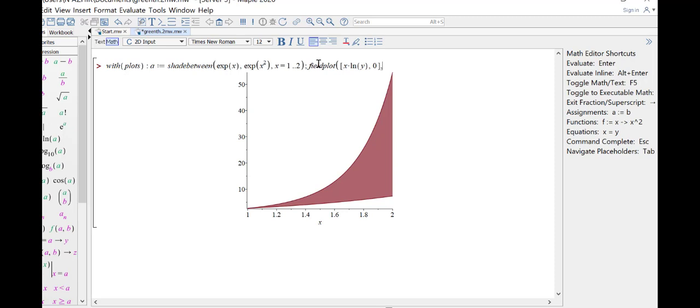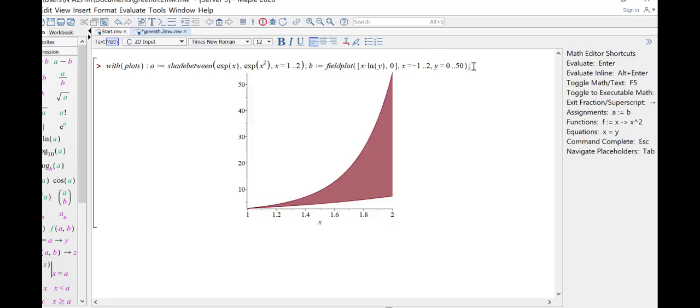This x is between 1 and 2. Here again I will write between 1 and 2, or maybe between -2 and 2. And y will be equal to y here, as the ln y, the domain for this will be positive. So for y I write 0 till anything we want, for example 15. Let me put this name b.